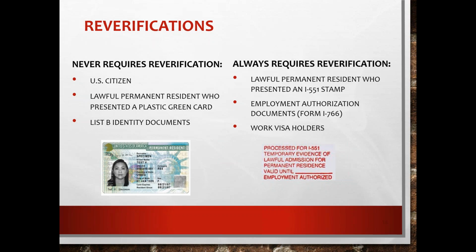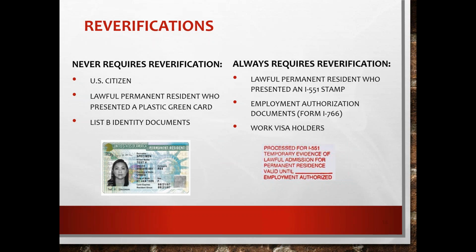Even so, there is a general rule of thumb that you follow when it comes to green cards. If you have a plastic green card as an I-9 document, you do not have to re-verify that document. Do not have to put that person in the tickler system. Now that's counterintuitive to me because, as I said, the 10-year card is permanent.